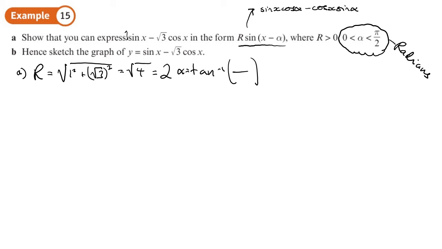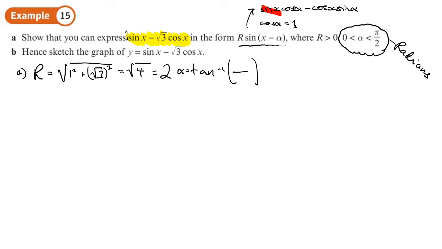Right, let's compare it to what we were given in the question here. So there's a sin x at the start, and next to the sin x is the number 1. What does that mean? That means that cos alpha is 1, because that's where 1 is, where cos alpha now is. Okay, let's now have a look at the second bit.